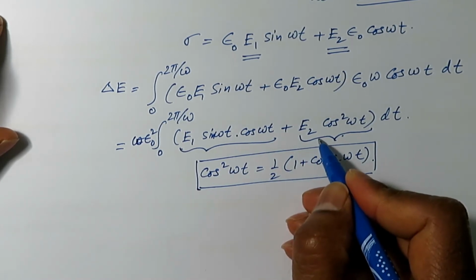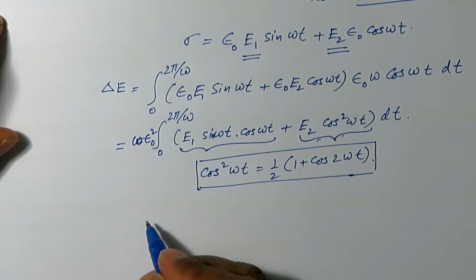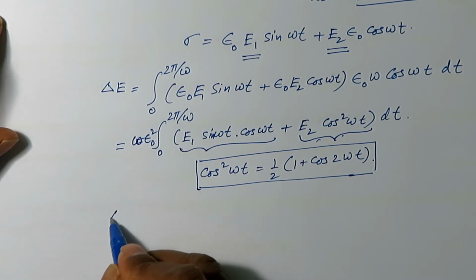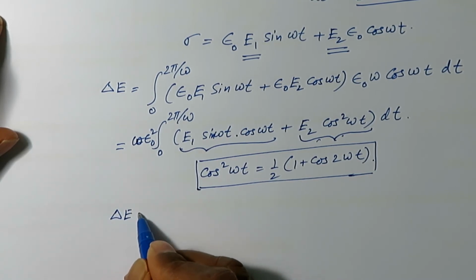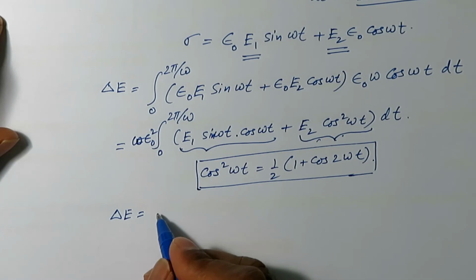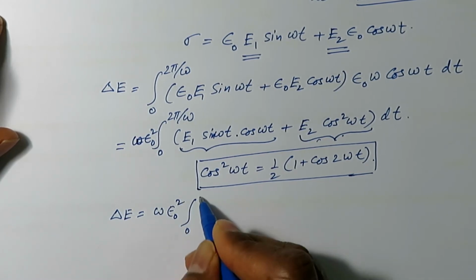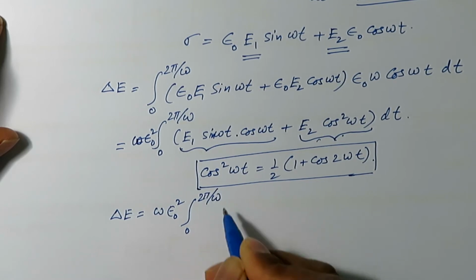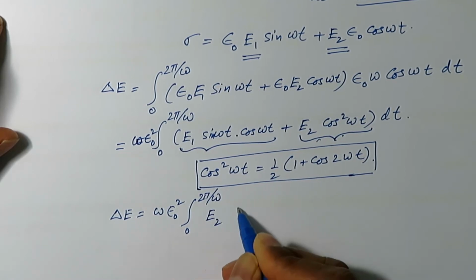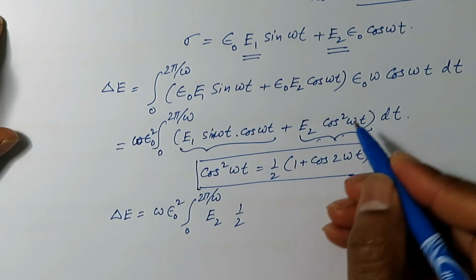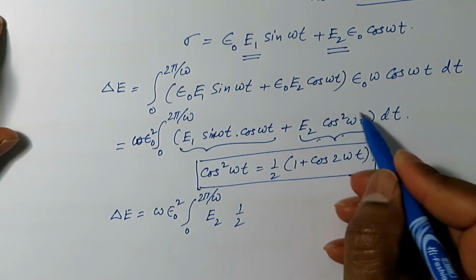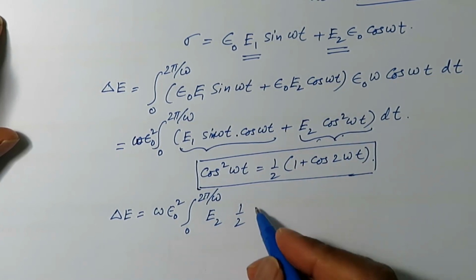So only considering this part we can write, now here we are replacing cos square omega t by this term.